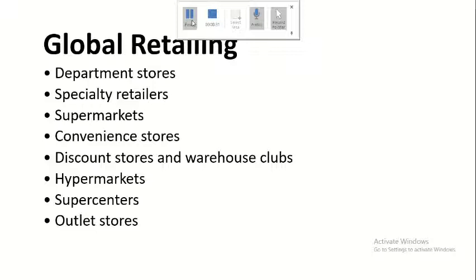The concept of global retailing is adopted by many big brands and organizations to capture the potential market in multiple countries. Some well-known examples of companies operating on a global level are Intel, Facebook, Toyota, IBM, L'Oreal, PepsiCo, and Domino's.